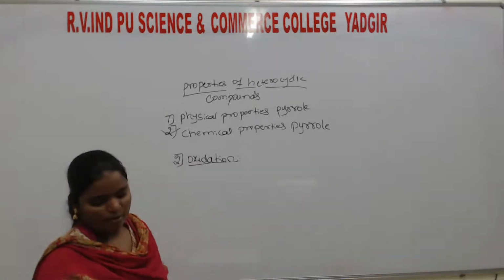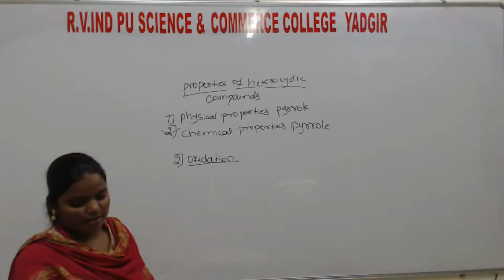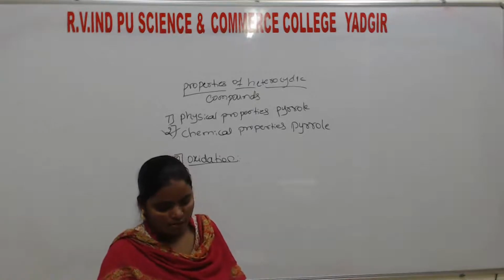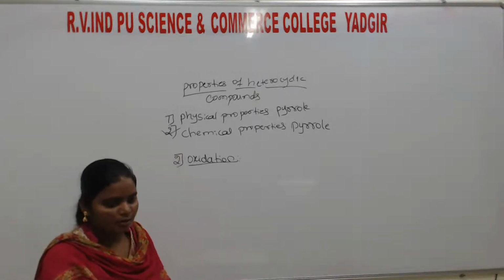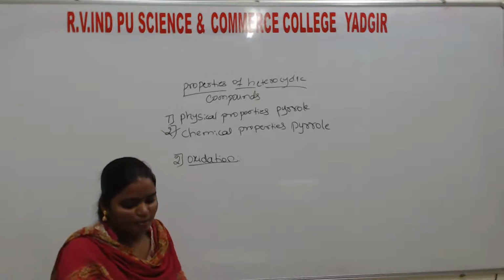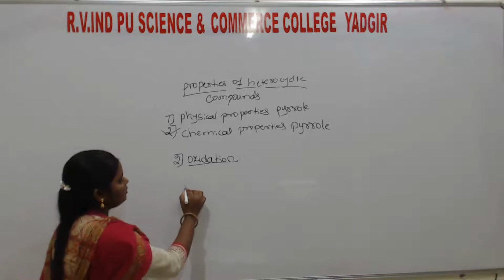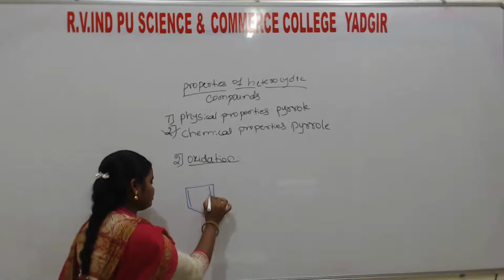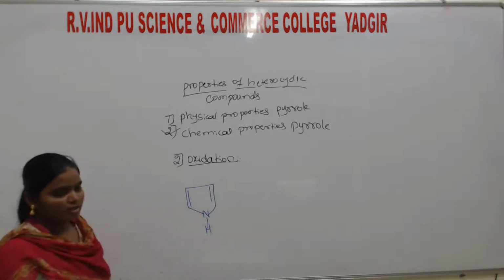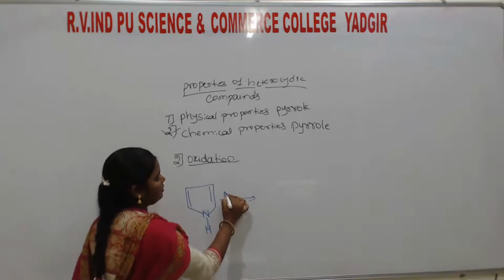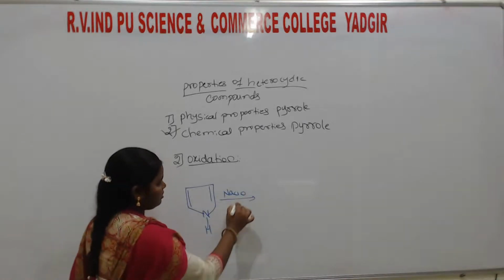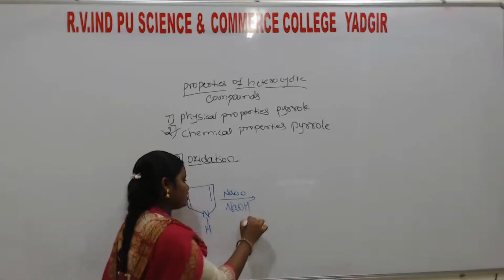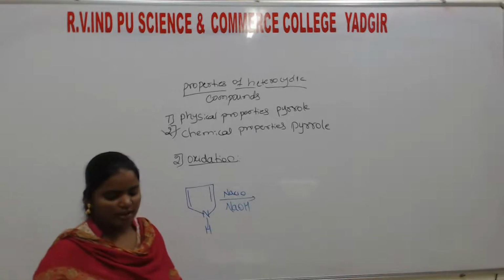Second oxidation, pyrrole is also oxidized with sodium hypochlorite, NaClO, in base to give 3,4-dichloromaleimide. Here I take pyrrole on oxidation with sodium hypochlorite in the presence of alkali, that is sodium hydroxide, to form 3,4.